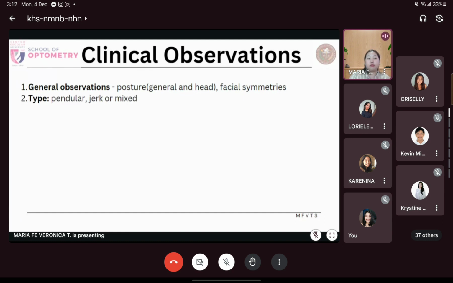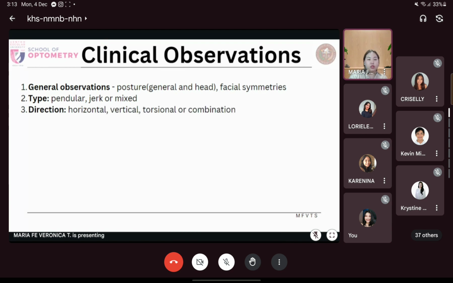Then, take note of the movement or yung type of movement nung nystagmus. Is it pendular? So, when we say pendular, if you remember, alam mo yung grandfather's clock, yung movement na gumaganon siya. That is pendular. Or is it jerky, yung nag-twitch? Or is it a mixture of both?